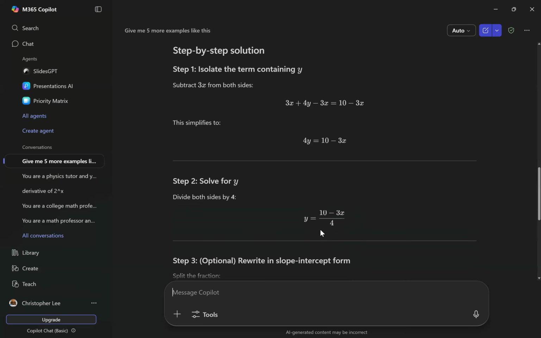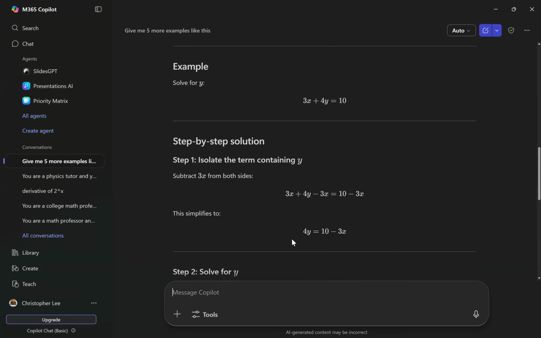Go to the top. So this is going to be the problem, side by side. It can't do it the way I do it when I'm writing.